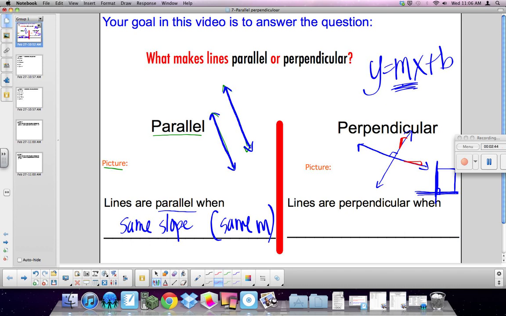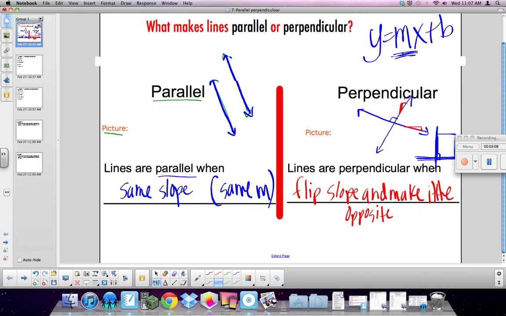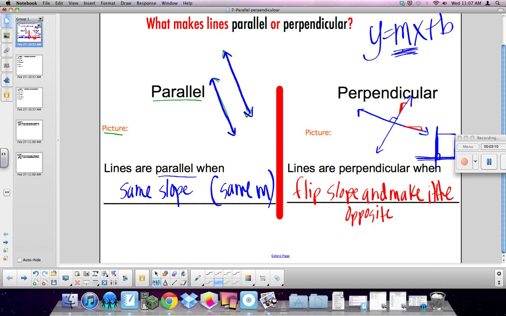So what happens is perpendicular lines, you flip the slope and make it the opposite. Now that's a lot to remember, but I'll show you some examples so that you can make sense of that. You flip the slope and make it the opposite. So those are the two key words, flipping and opposite.